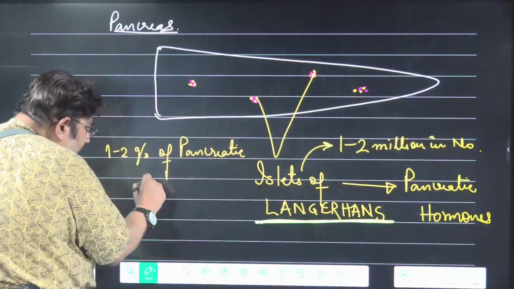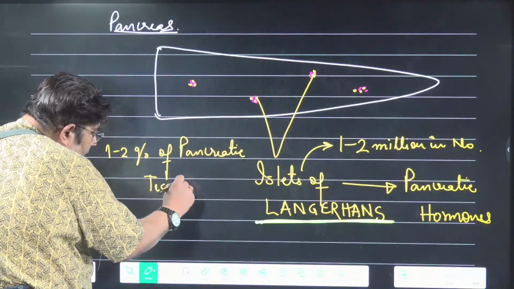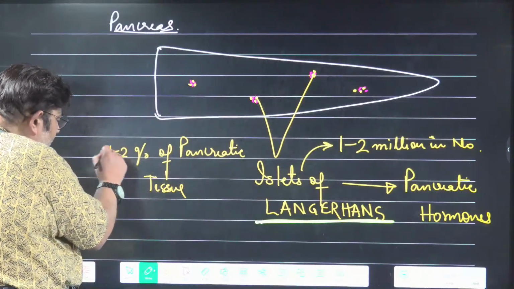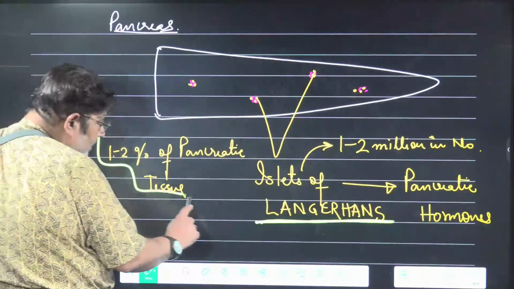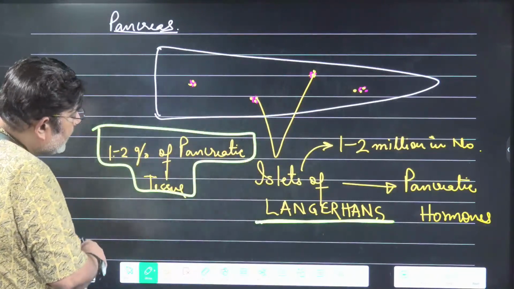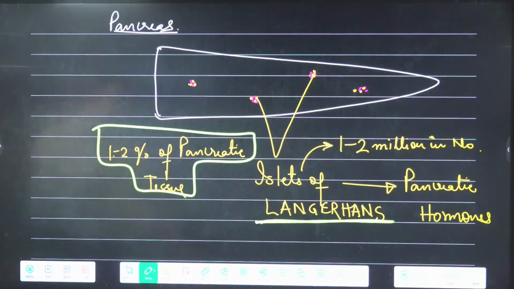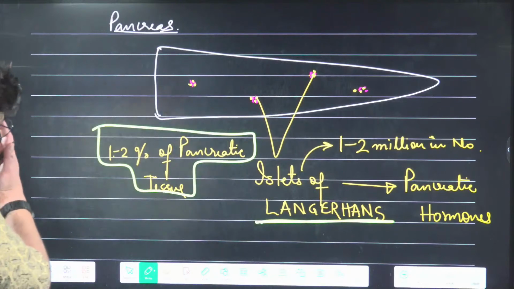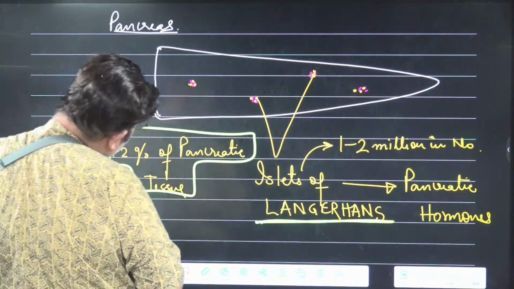Yes, their number is very large, but in comparison to the exocrine tissue, they are only 1 to 2%. So just remember: islets of Langerhans, one to two million in number, correspond to 1 to 2% of the total pancreatic tissue.